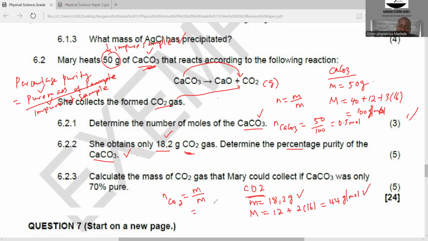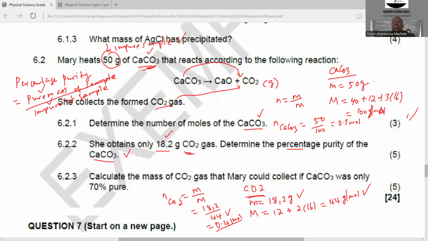The mass is 18.2 and the molar mass is 44. So we're going to say 18.2 divided by 44. Rounded to two decimal places, it gives 0.41 mole. So now we know the number of moles of carbon dioxide which was produced.